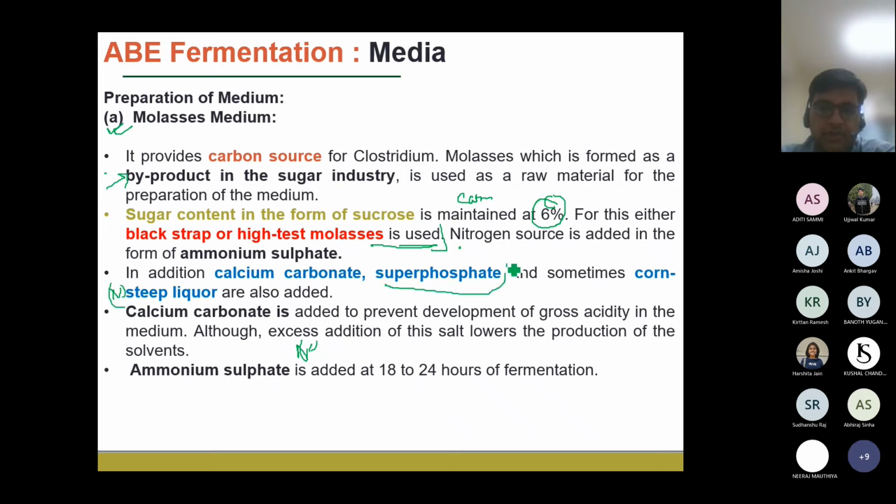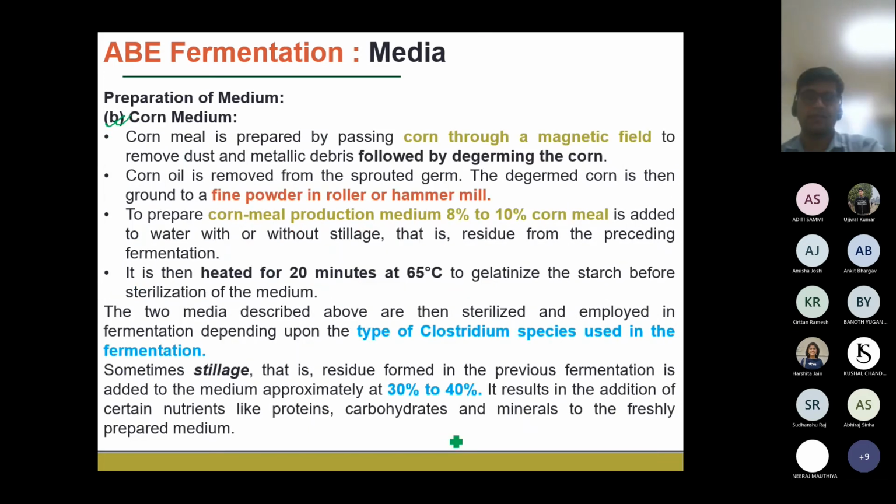We know why superphosphate is required, especially if you are going towards acetic acid or butyric acid. We require superphosphate, or calcium carbonate, where the calcium acts as a cofactor for several enzyme cascades. And generally, the fermentation time is 18 to 24 hours using molasses as the medium.